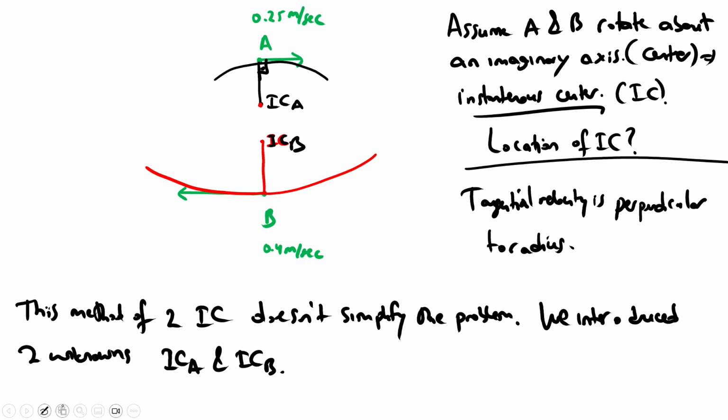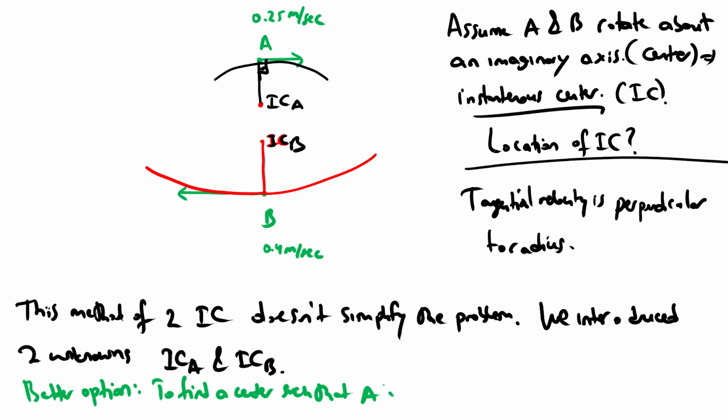What is the better one? The better one is to find a center such that A and B rotate about it. To find that center, I will draw it here one more time.